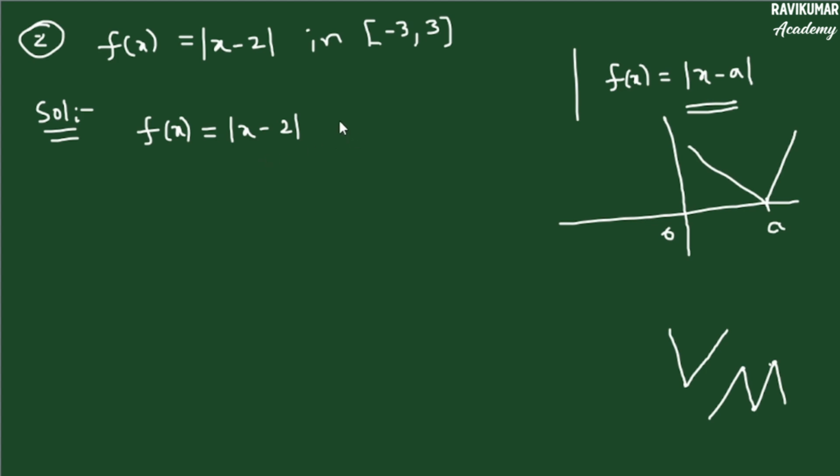But the important thing is whether this point 2 belongs to the given interval or not. Yes, x equal to 2 lies in this interval. Therefore, in the given interval, we have a point where the function is not differentiable.